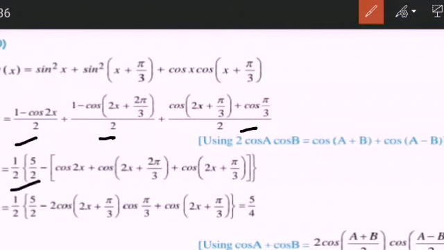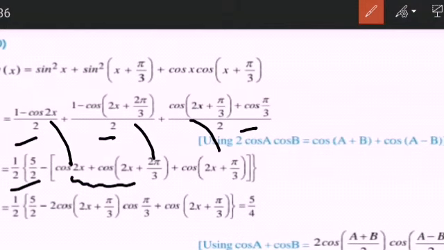So finally that is 1 by 2 of [5 by 2 minus (cos 2x plus cos (2x plus 2 pi by 3)) plus cos (2x plus pi by 3)], taking 1 by 2 common. Now apply the cos c plus cos d formula, 2 cos ((c plus d) by 2) cos ((c minus d) by 2).